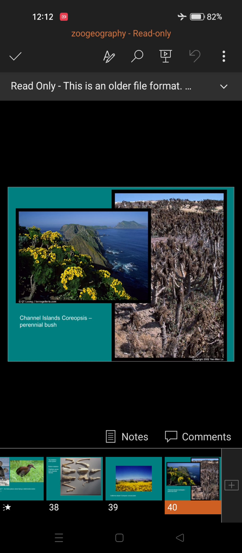And if we relate zoogeography to paleontology, then these provide information on the distribution of animals and their associations in the past.